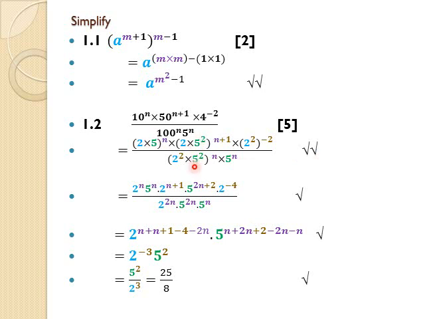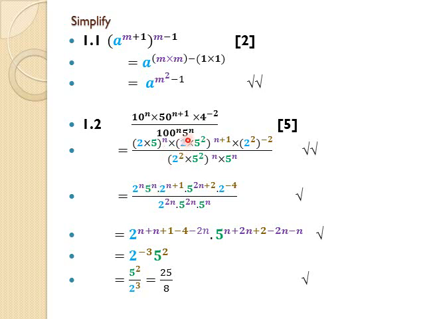Now we're testing law 4 and law 3 of exponents, meaning all exponents inside the bracket must be multiplied with exponents outside the bracket. So 1 times n gives me n. Therefore, base 5, 1 times n gives me n. So 5 to the power n.